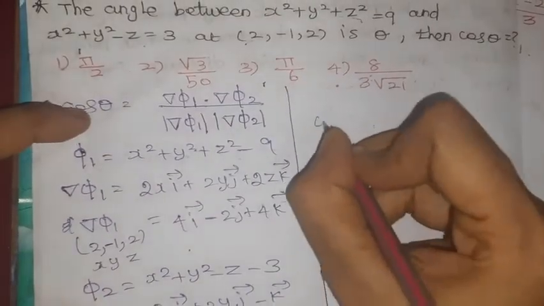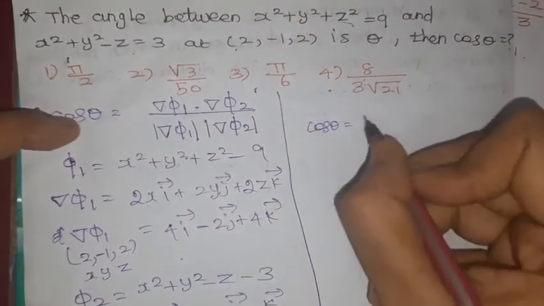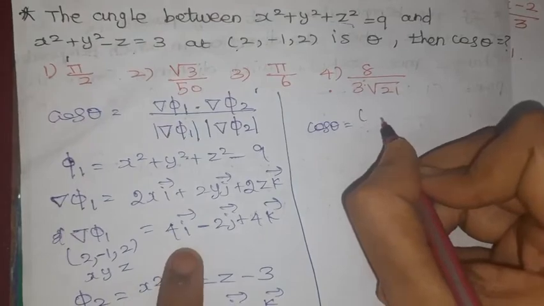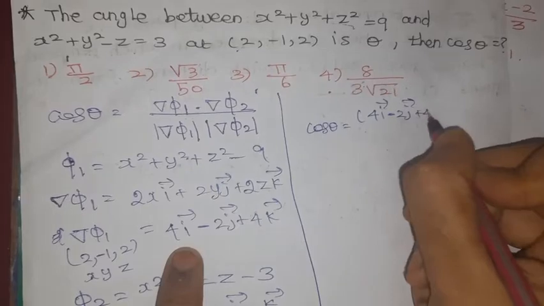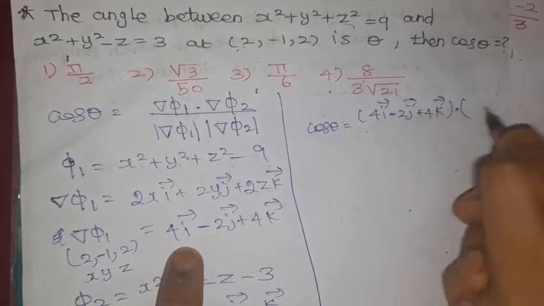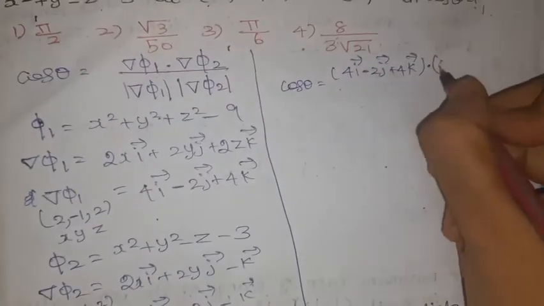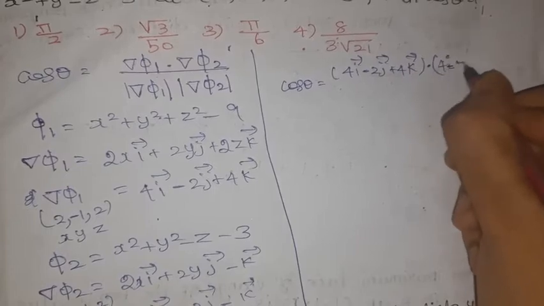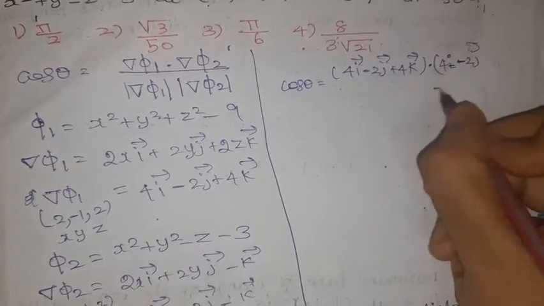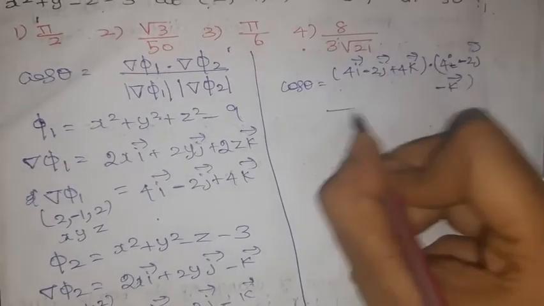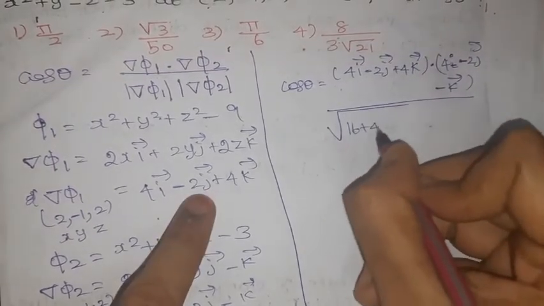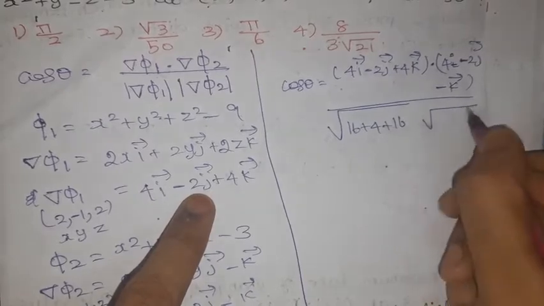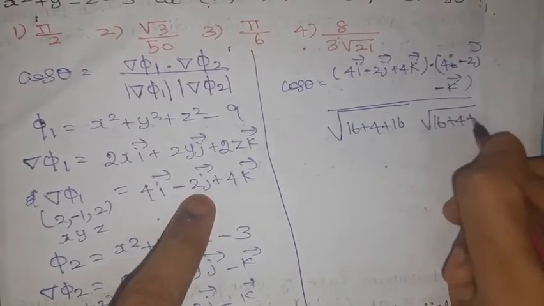So cos theta is nothing but del phi 1, 4i minus 2j plus 4k, dot 4i minus 2j minus k, divided by the magnitude: 16 plus 4 plus 16, and 16 plus 4 plus 1.